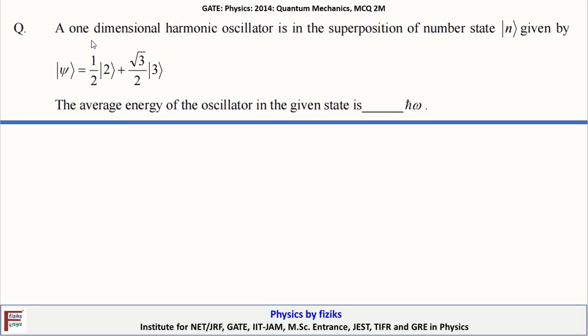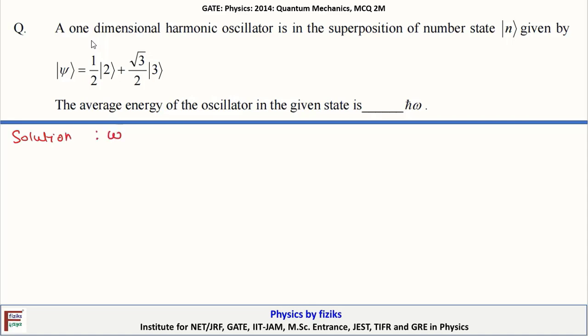A one-dimensional harmonic oscillator is in a superposition of number states n given by psi is equal to 1 by 2 of |2> and root 3 by 2 of |3>. The average energy of the oscillator in this given state is? Solution.